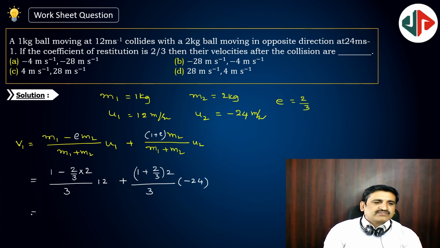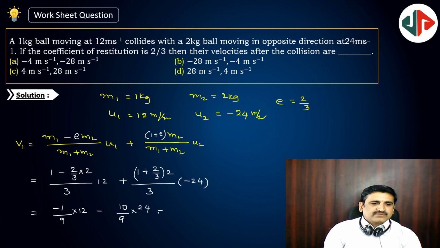So simplification: 3 minus 4 is minus 1 by 9 into 12, minus 3 will be here, 3 plus 2 is 5, 5 twos are 10, 10 by 9 into 24.